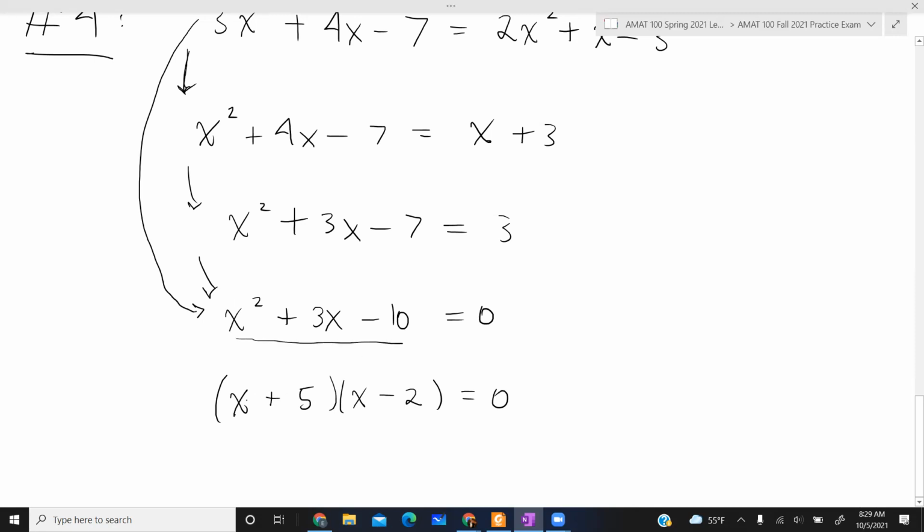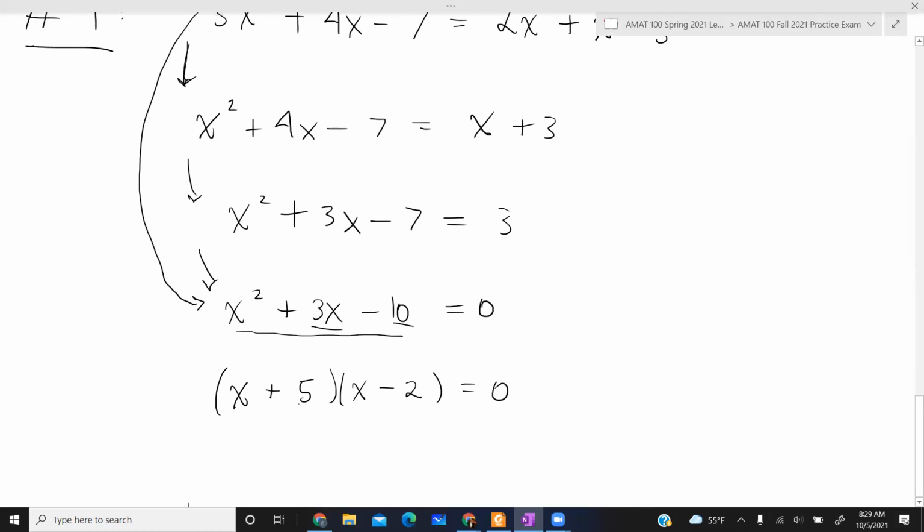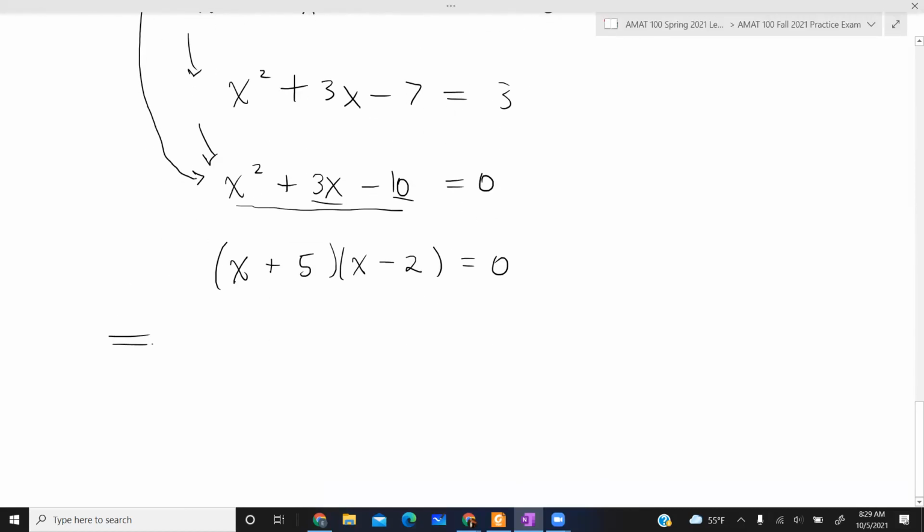The x goes to x, you get x squared, and you have x times -2x, which gives -2x. But then you have a 5x over here, so 5x minus 2x gives you the 3x, and 5 times -2 gives you -10. So this is the right factorization, and this implies that x is equal to -5, or x can be 2. Those will be the solutions.